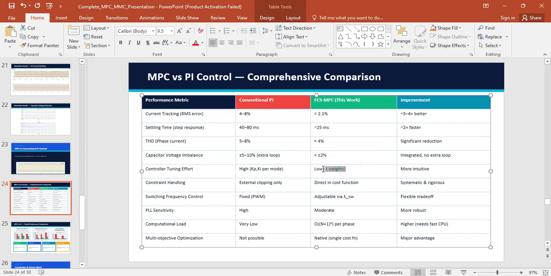Low, since we have weights, more intuitive, right? Constraints handling, external clipping only, and this is direct in the cost function, right? Fixed PWM in the case of conventional, and we have an adjustable one via lambda SW. Selectivity is high, this is moderate.